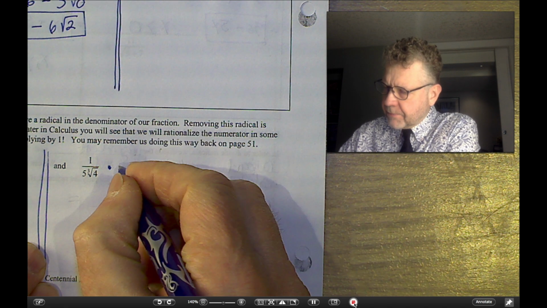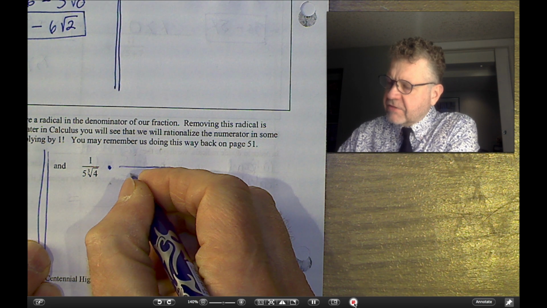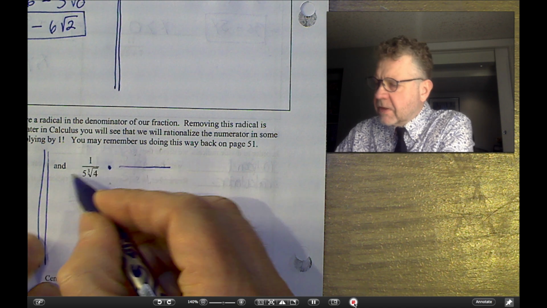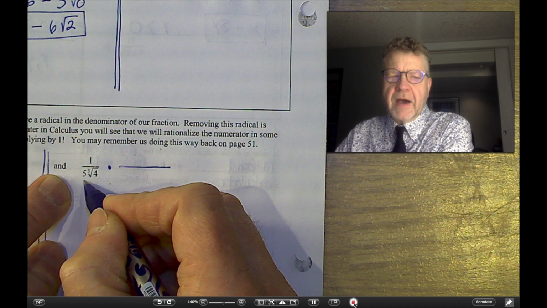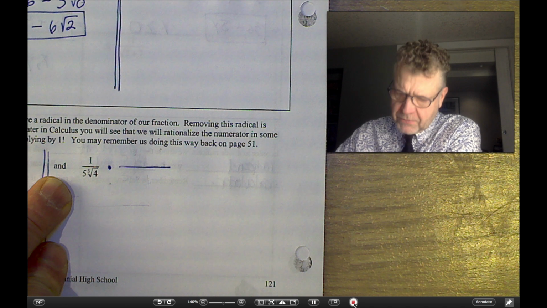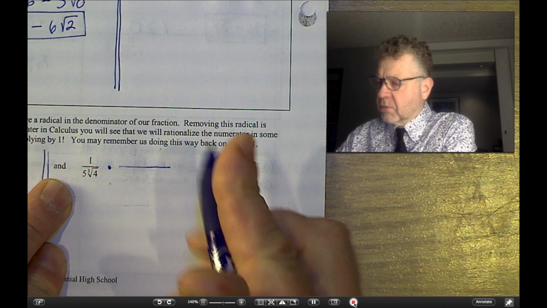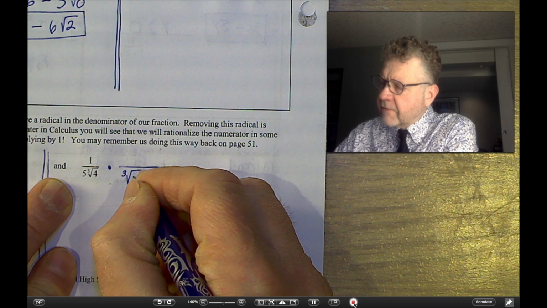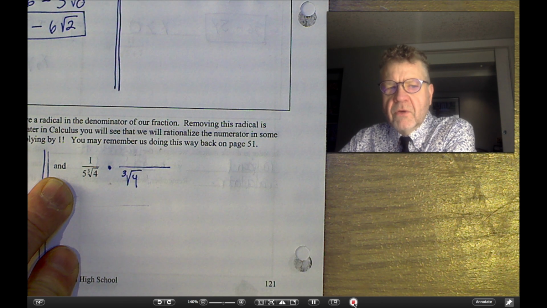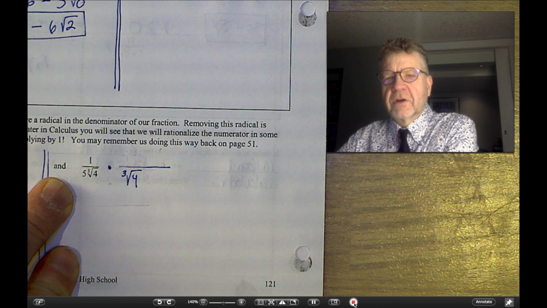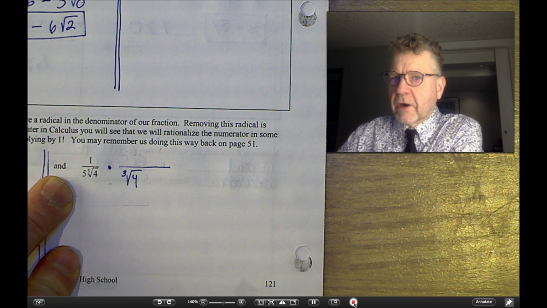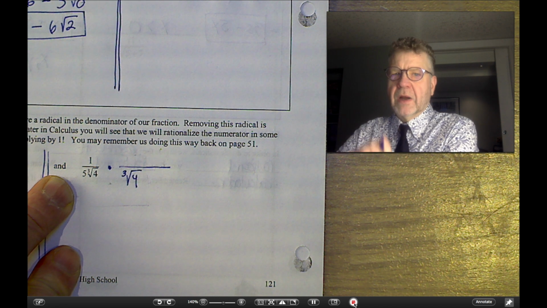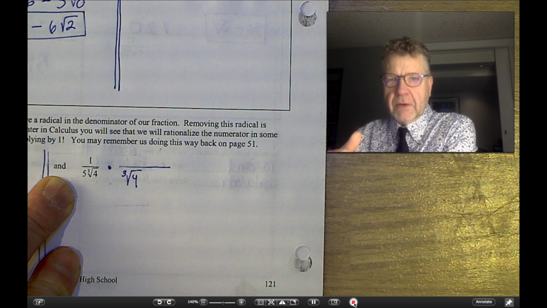What will that be? Well, again, we're just interested in getting rid of the radical, so we don't have to multiply it by 5. Although if you did, it would work out as well, but it was just a lot more work. But if we multiply it by the cube root of 4, notice that the cube root of 4 times the cube root of 4 doesn't equal 4, right? The square root of something times the square root of something equals something.